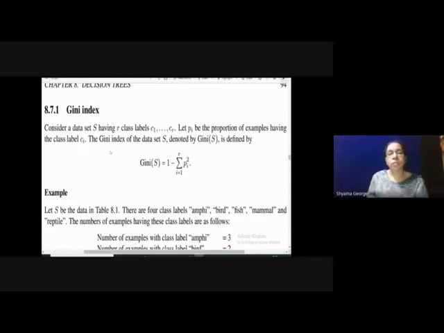This is similar to the formula of information gain. There also we are using Pi, which is the probability. Here it is 1 minus sigma i equal to 1 to R Pi squared. Previously it was minus Pi log 2 to the base Pi. So there is only a small difference between these two measures.